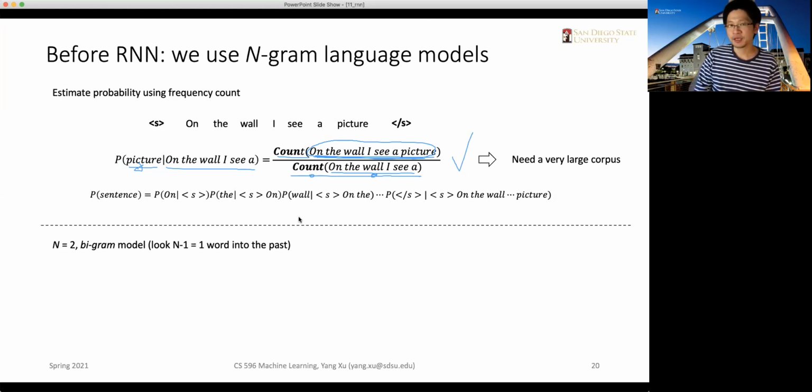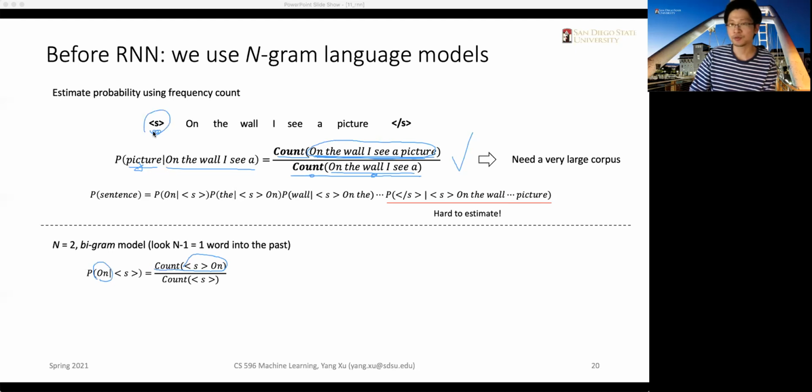For example, if n equals 2, then the Ngram model is a bigram model, okay? Which means we only look at one word in the past. So when we measure the first word being on, we count how many combinations with the start of the sentence.